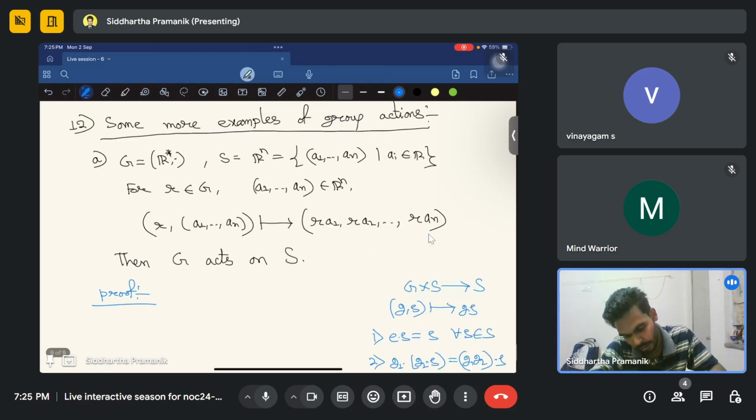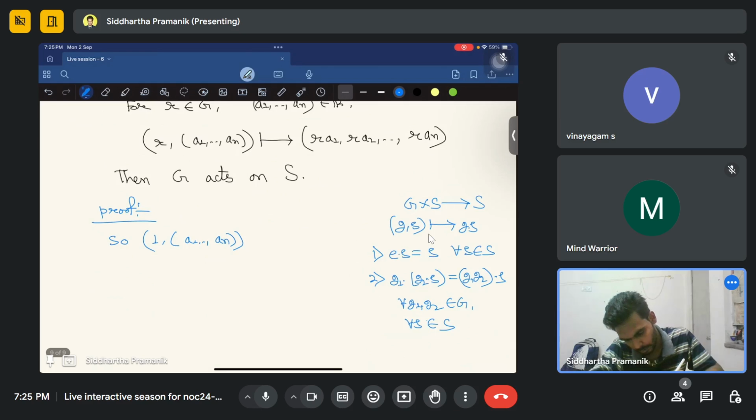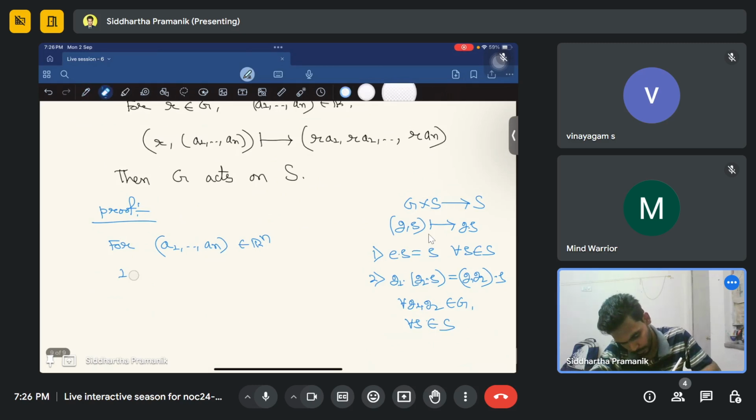So in R star, the identity is 1. So for (a1, ..., an) belonging to Rn, 1 times this element is the same as (1·a1, ..., 1·an).